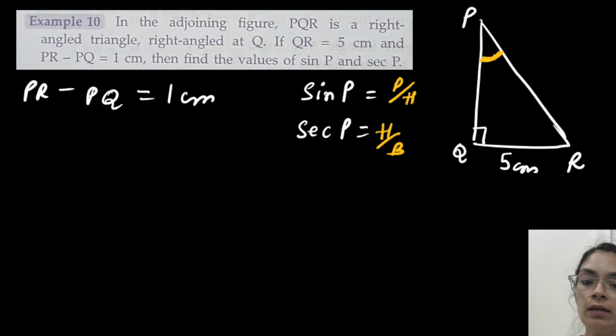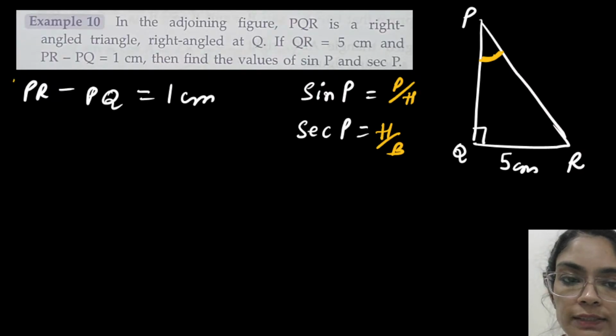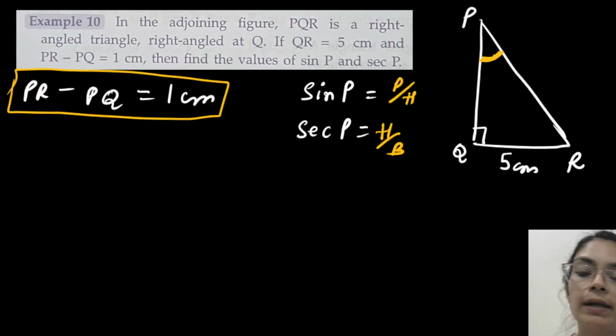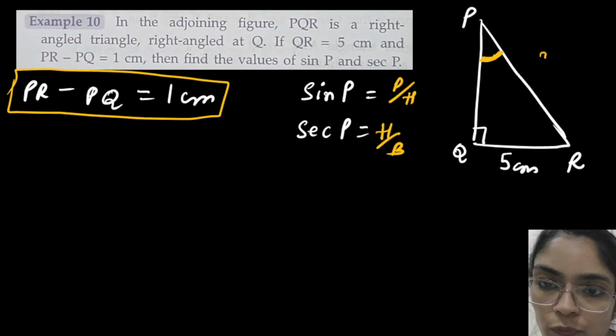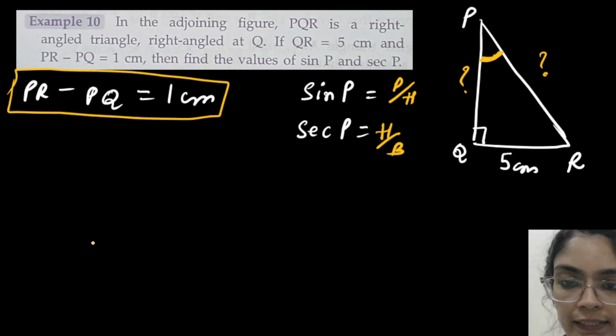Like normally, again we'll make use of the Pythagoras theorem, because you can see here one relation is given to us. What we can do here is make use of the Pythagoras theorem and find the two unknown sides, PR and PQ. So let's apply the Pythagoras theorem in this triangle.